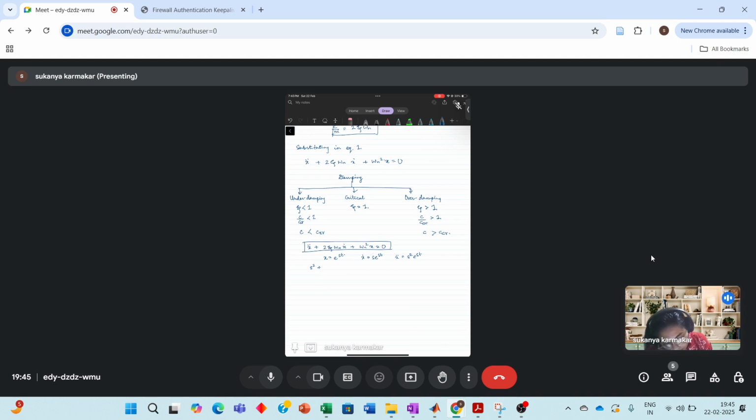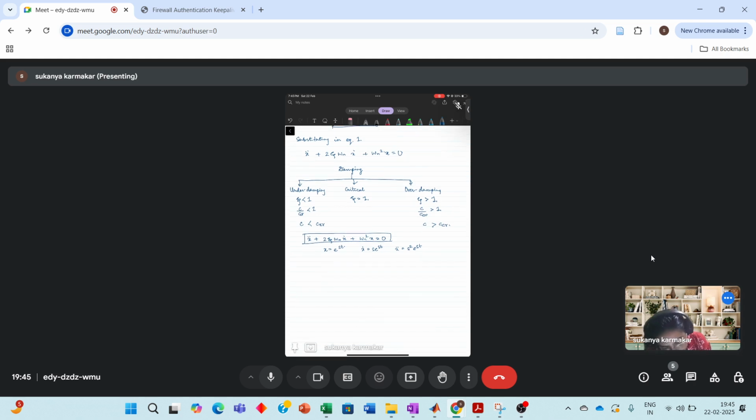So s square e to the power st, plus 2 zeta omega n x dot, which is s e to the power st, plus omega n square x, which is e to the power st, is equal to 0. So let's take e to the power st common.